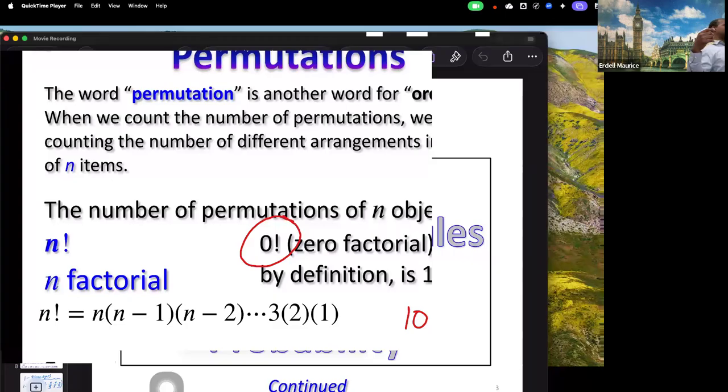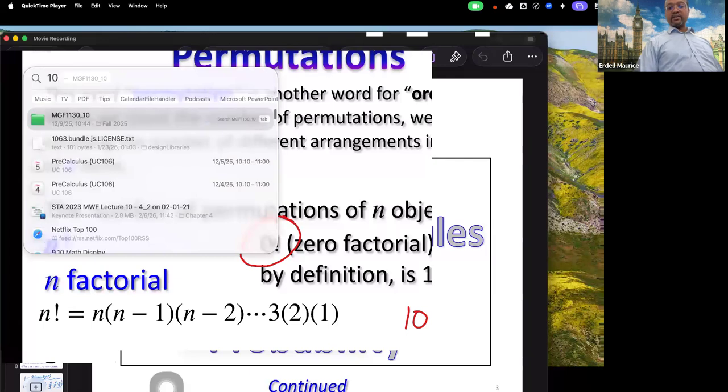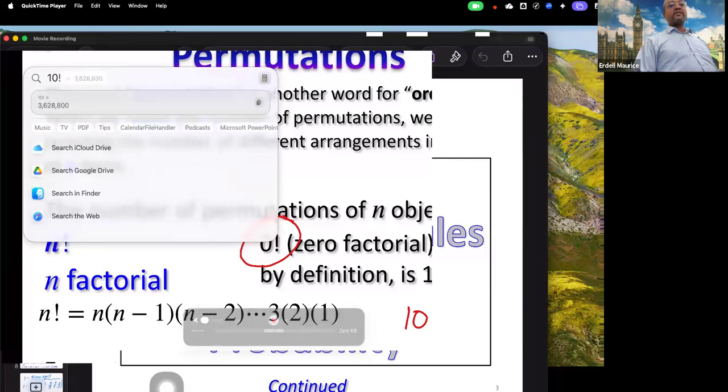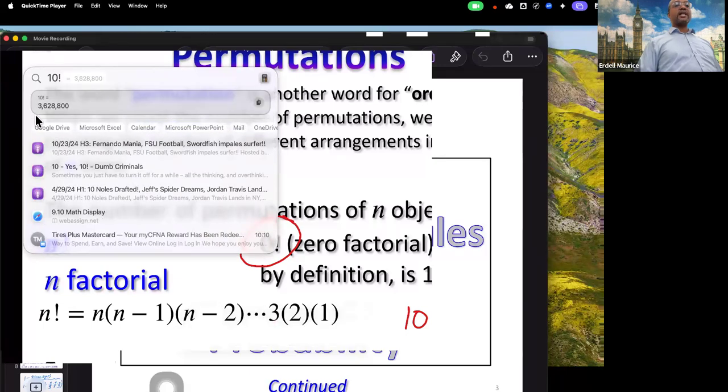Don't go 10 times, 9 times, 8 times. I just want to make sure you know how to do the calculation on there. So 10 factorial, your calculator should tell you 3,628,800. That's the number you should get from your calculator.